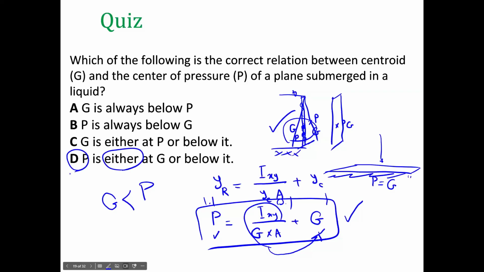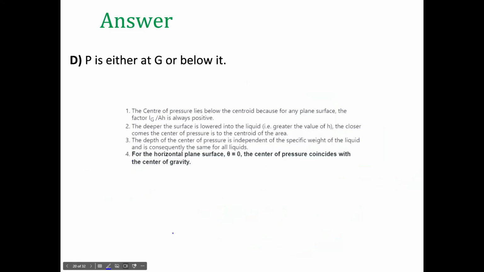But for rectangular even, let me repaint it. If G is here, P is below that. Based on the formula, P is always below the G, unless it's horizontal, in which case these are equal. So here, for the horizontal plane, because theta is 0, center of pressure and center of gravity are the same.